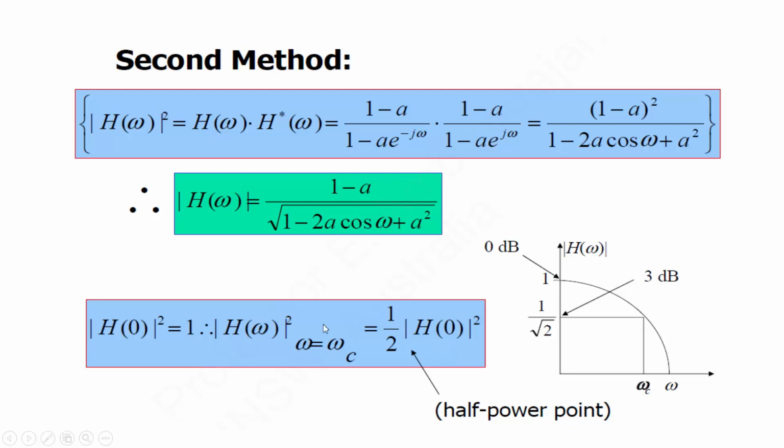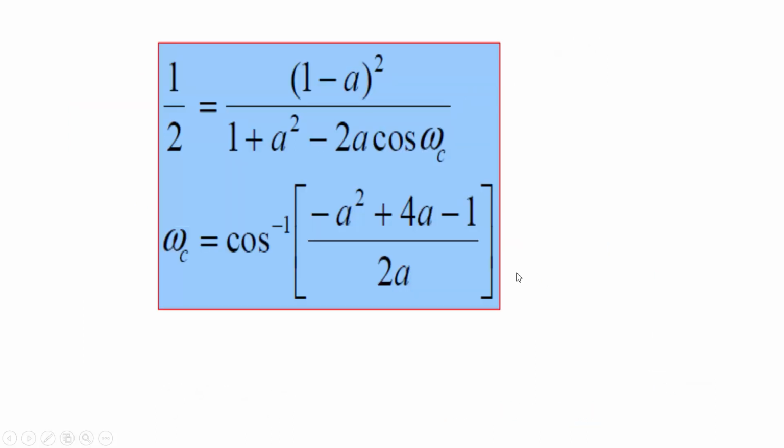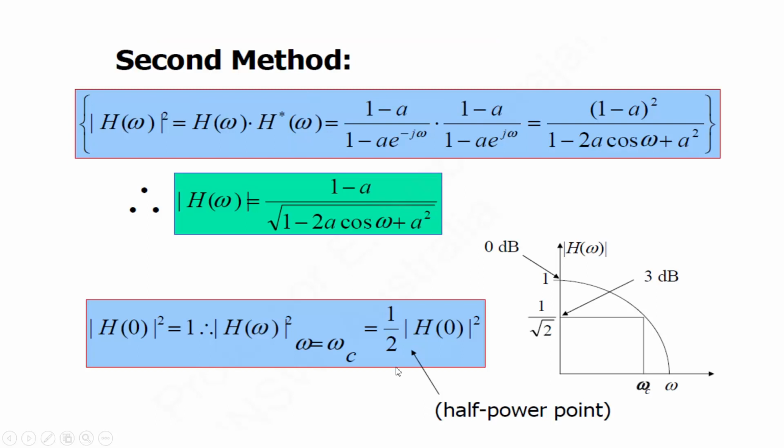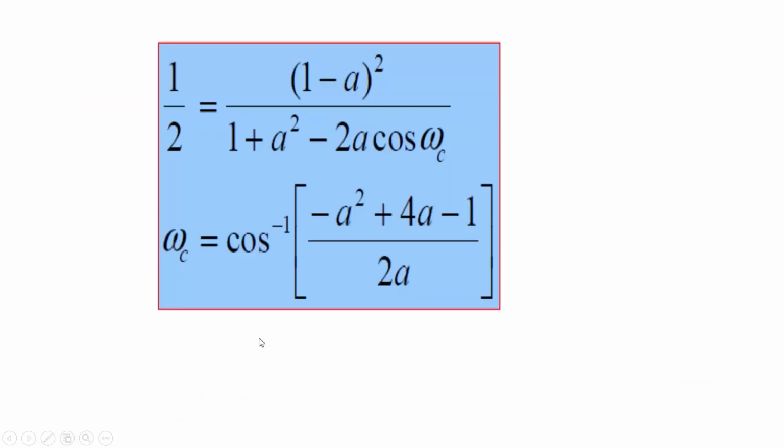From here we can calculate the cutoff frequency of the low pass filter, because we know the value of the DC gain and we know the magnitude square response expression.